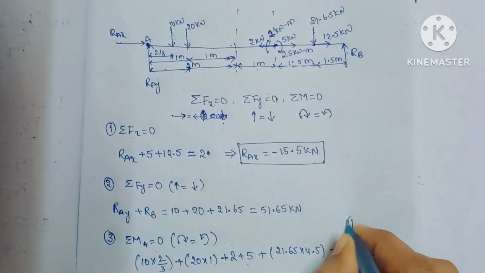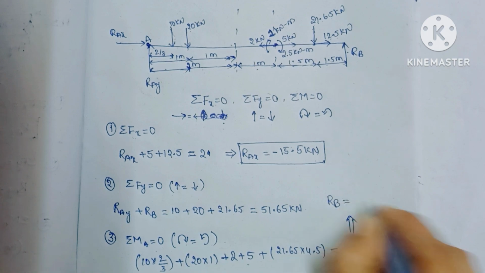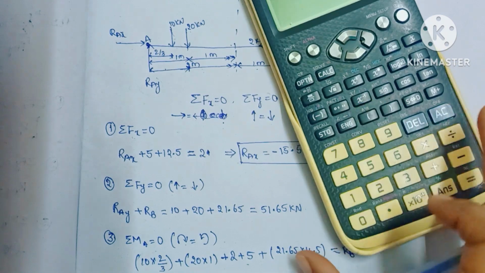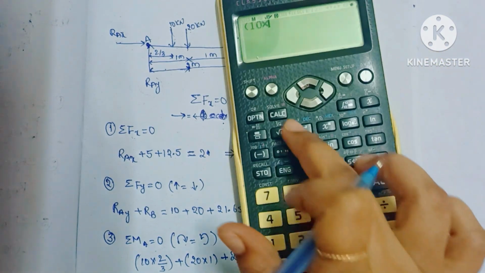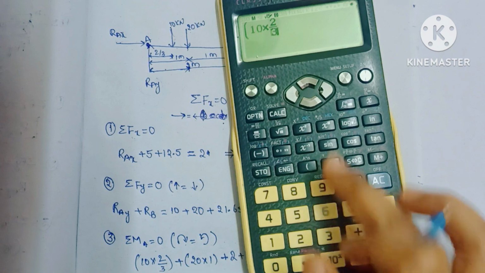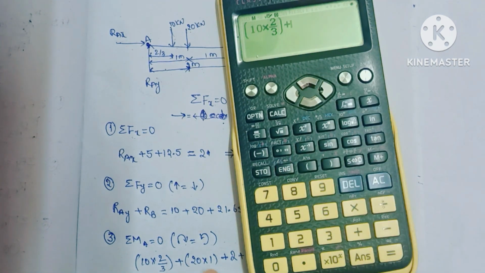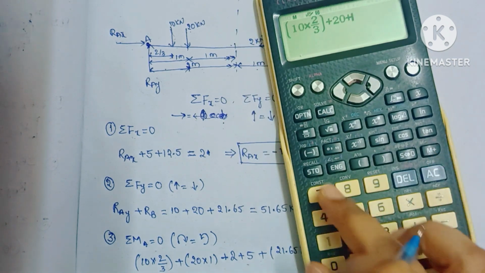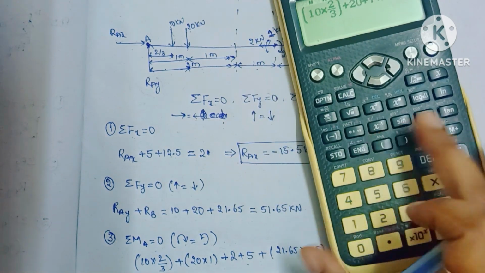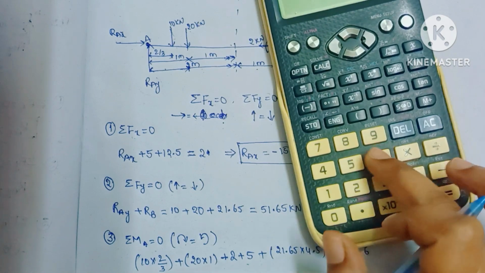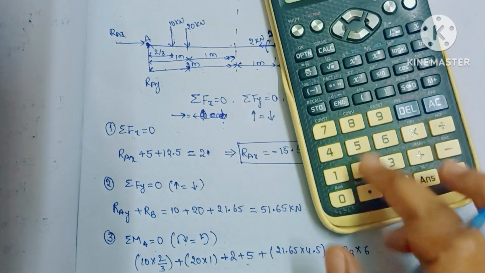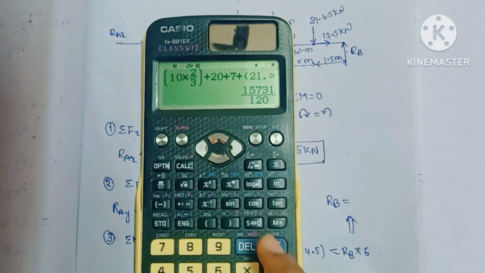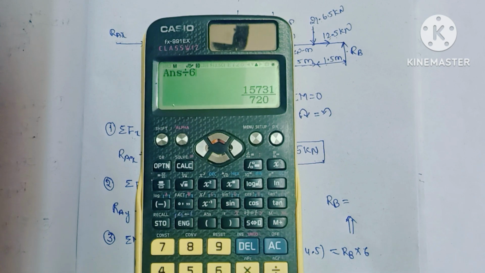So I am writing above, which is RB equal to, so here I am adding everything here whatever is there, 10 into 2 by 3 plus 20 into 1 is nothing but 20, plus 2 plus 5 is 7, plus 21.65 into 4.5. So we are getting this much value divided by 6.